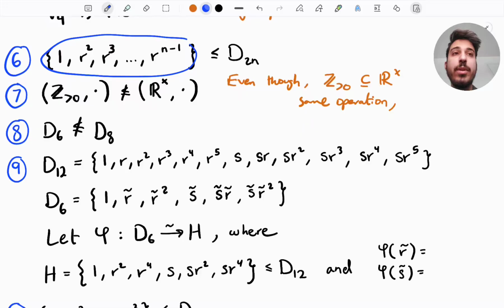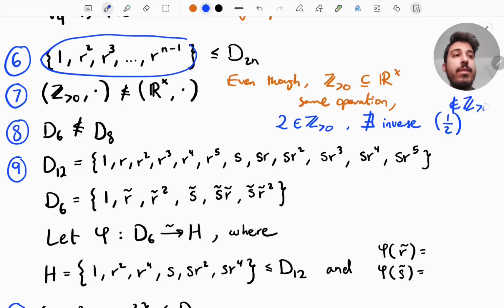So for example, if you have 2 in Z greater than 0, there is no inverse. Usually the multiplicative inverse of 2 is a half, but a half is not inside Z. It's not an integer, so it would be in R star instead.